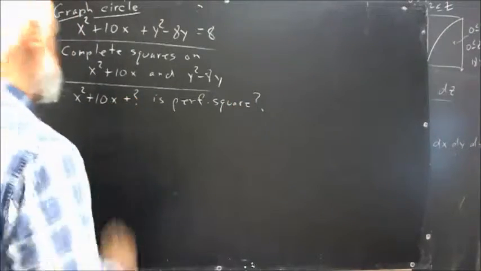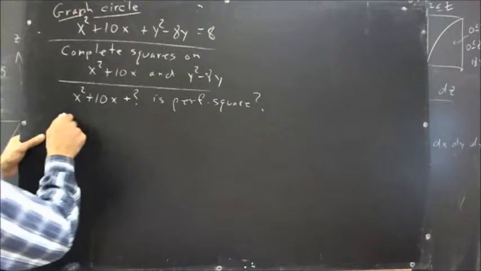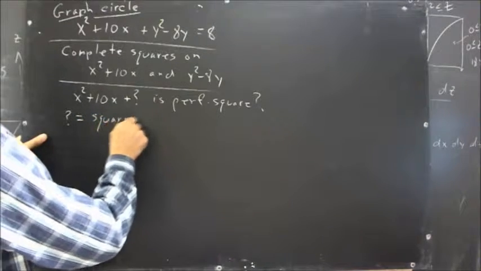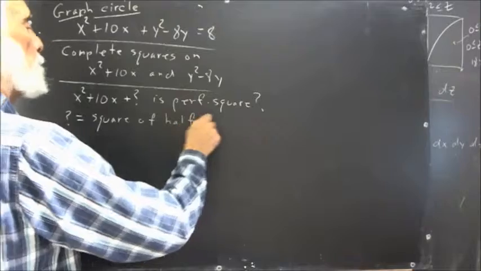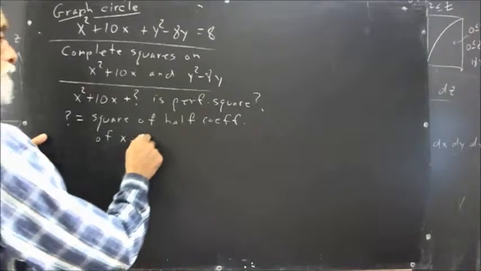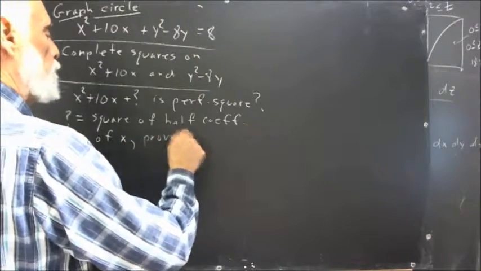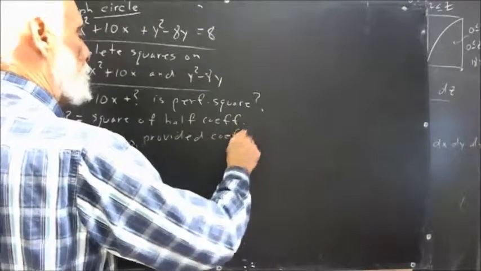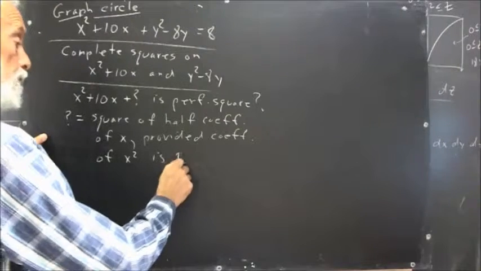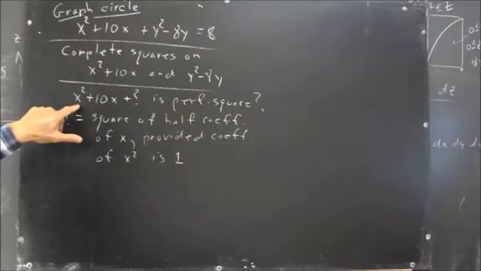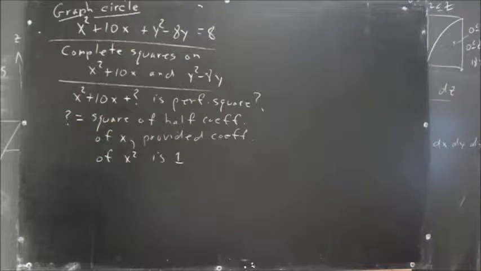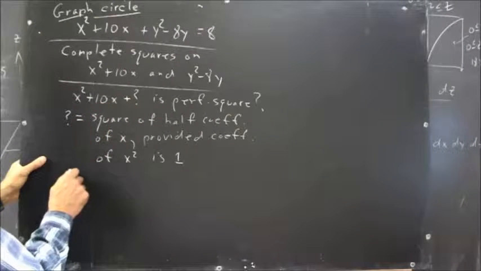Well, the method you're given is the question mark equals the square of half the coefficient of x, provided the coefficient of x squared is 1. And that's the case here. Coefficient of x squared is 1, so we can just take half of the coefficient of x, square it, that replaces our question mark. Okay?